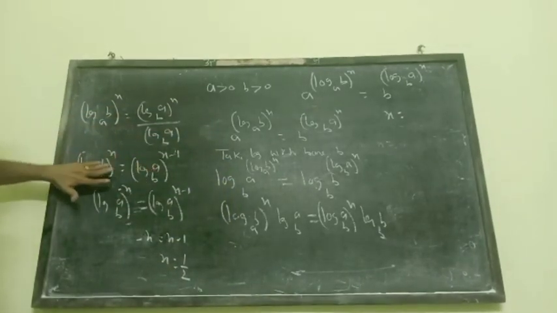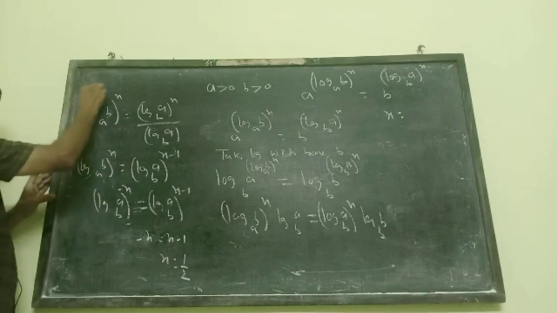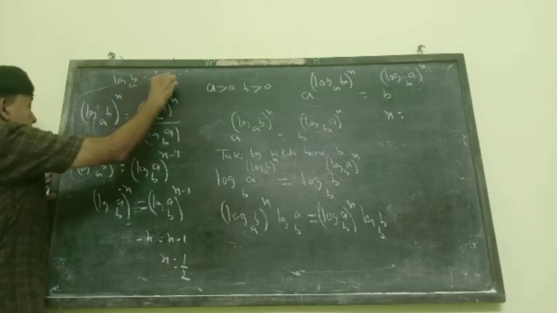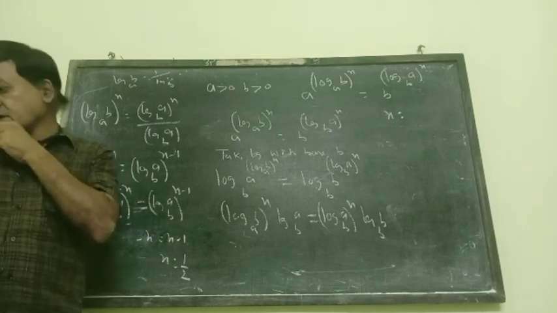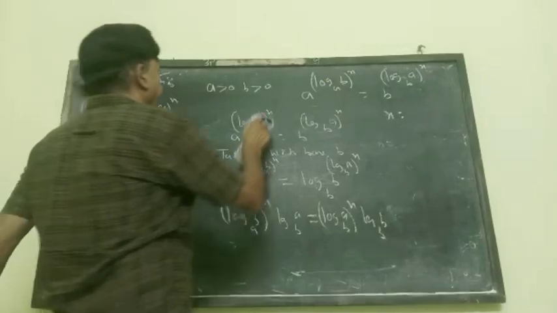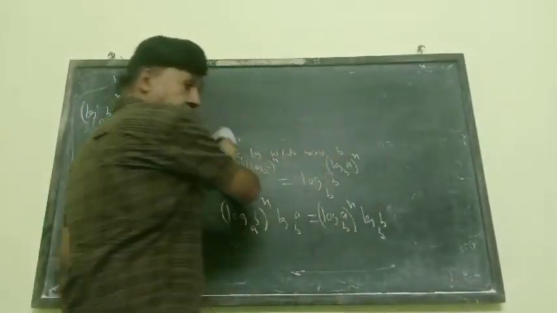You will get like this. Here, recall, log B to base A is equal to 1 by log A to base B, right? So therefore, you will get your answer like this. Yes, I hope you are following the problem.